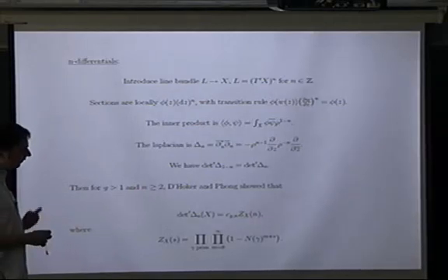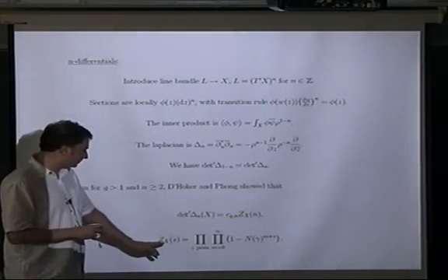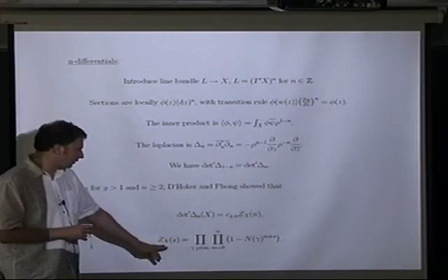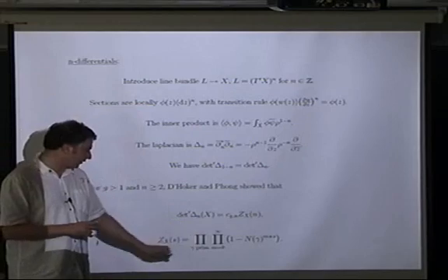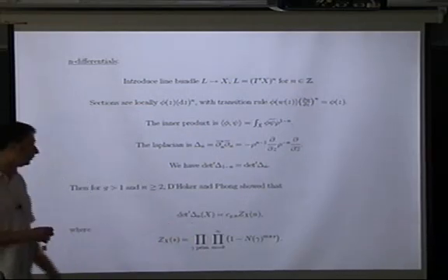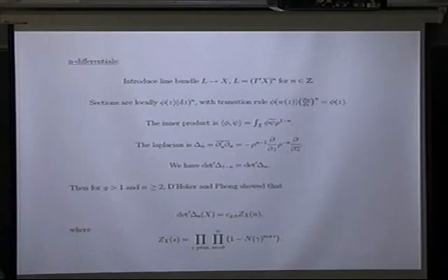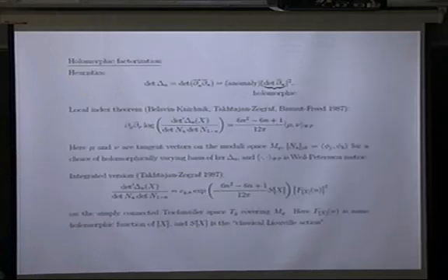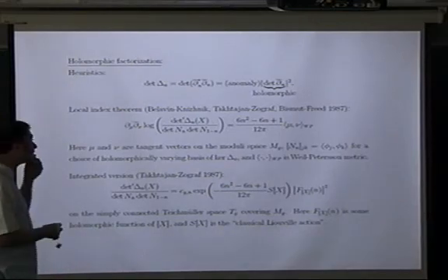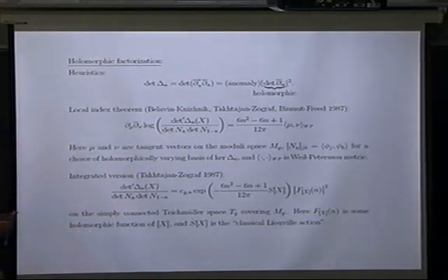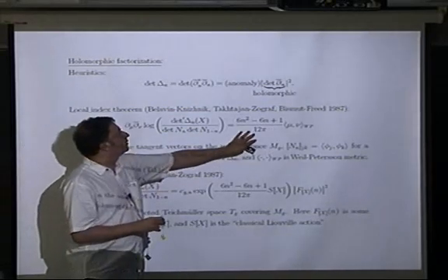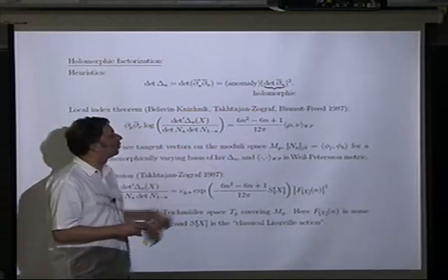The Dokern-Fong formula, the Fuchsian formula, is exactly analogous to the case where n is 1. It's a special value of the Selberg zeta function at n. The Belavin-Knizhnik result was for the Laplacian on the nth power of the canonical bundle, and this was their expression for dd bar log of the holomorphic anomaly.